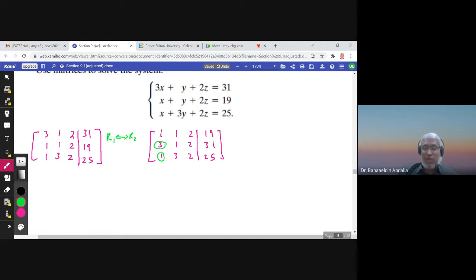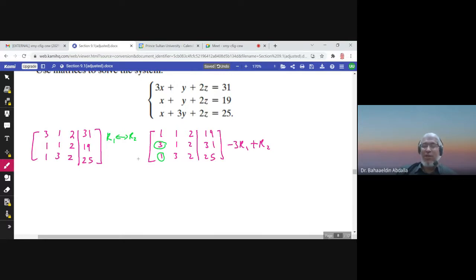I use this number to make these two numbers zeros. How can I use this number? I use the row operation number 3. I multiply row 1 by a number and add it to this. Well, if this is 3, if I multiply row 1 by negative 3, the negative of 3, and add it to row 2, then negative 3 plus 3 will make it 0.